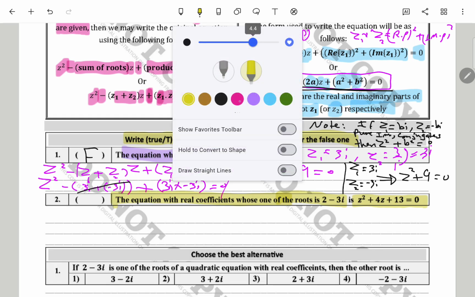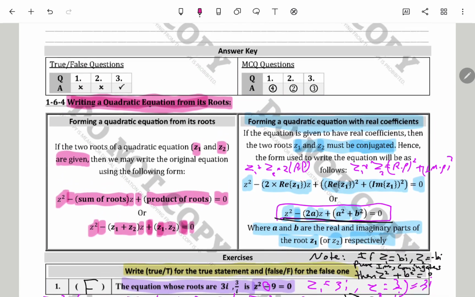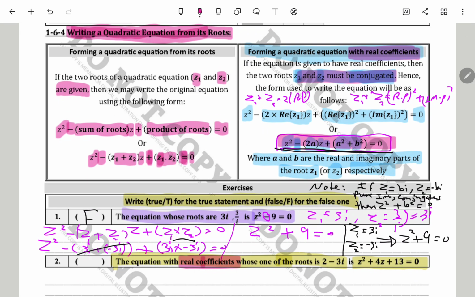Let's focus on the words with real coefficients, and that can help you to go to this box and try to have this rule, which is z squared minus 2az plus a squared plus b squared equal to 0, because the two roots are conjugates.